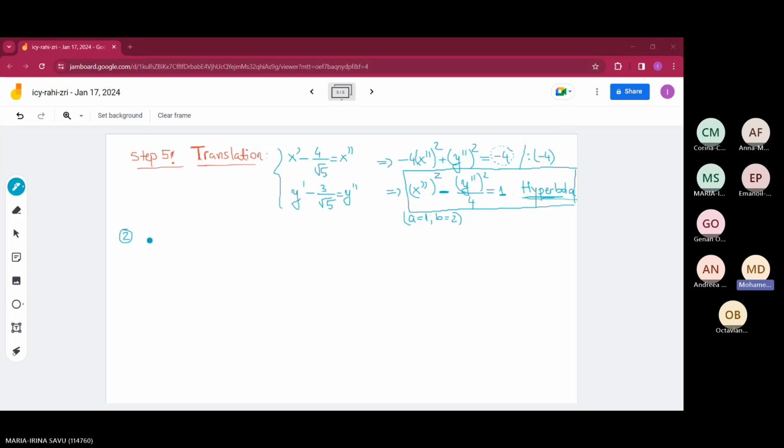Let u, v, and w be free vectors in plane space. It just says free vectors.